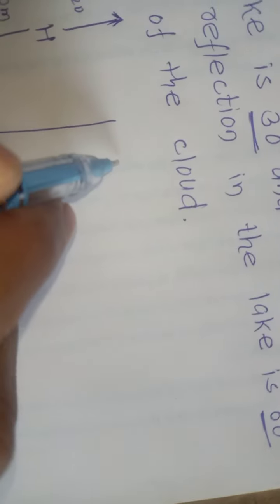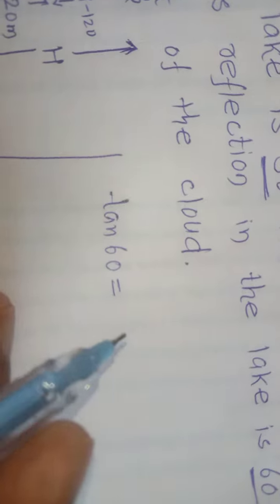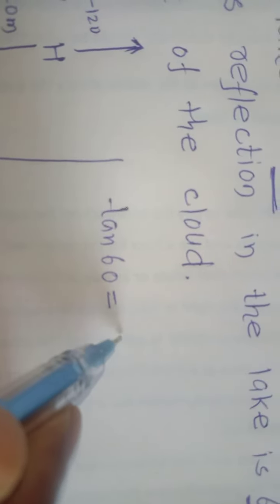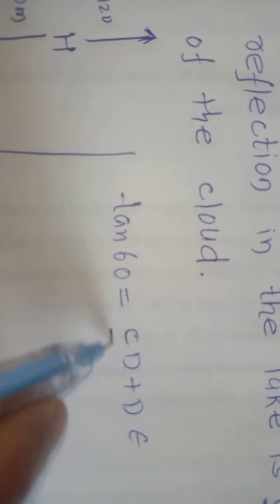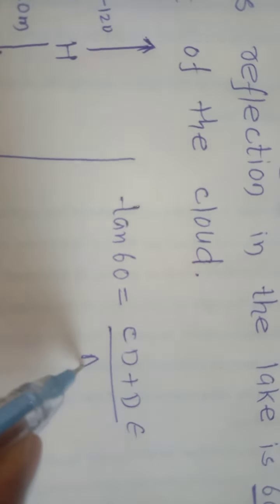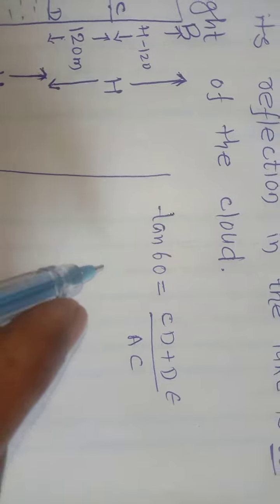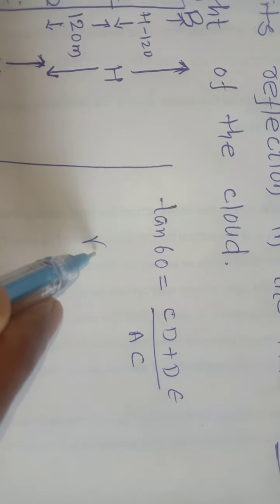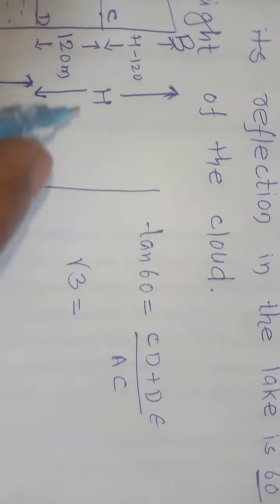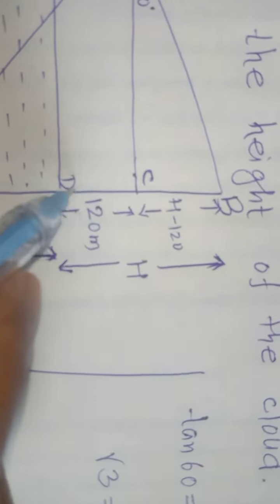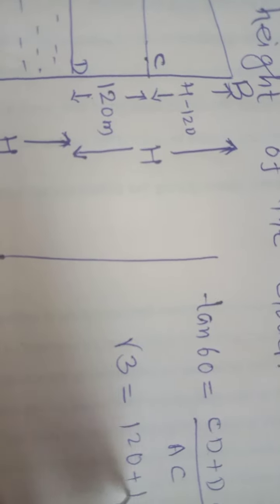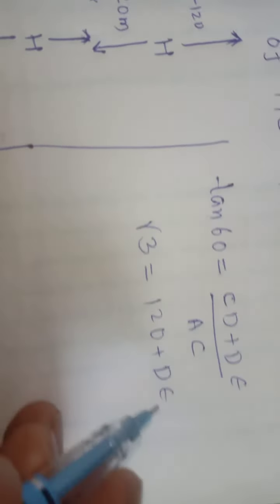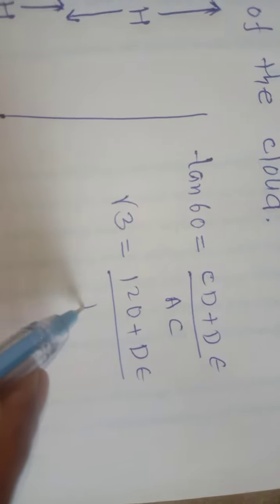Now tan 60 degrees is equal to CE, which can be written as CD plus DE, by adjacent AC. Tan 60, the value, is root 3. From the diagram, CD is equal to 120 meters plus DE, we don't know DE, by AC.